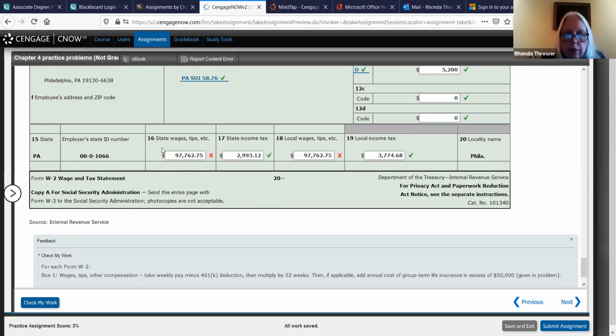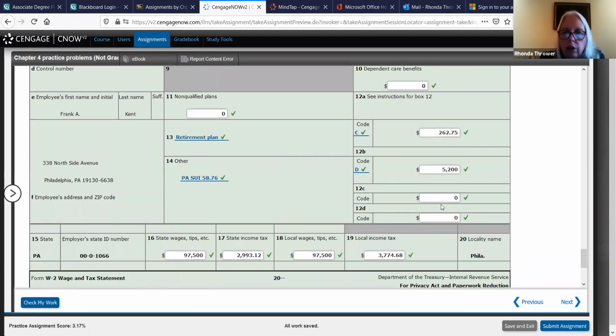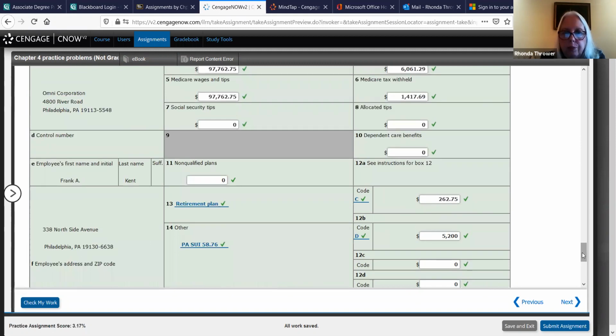Let's see if 97,500 will take care of it. Yeah, so they wanted 97,500. They didn't include that cafeteria benefit there, or that life insurance benefit. So it's 97,500. That's what they wanted here. All right. Okay, so finally, we've got all of this entered in as it should be.